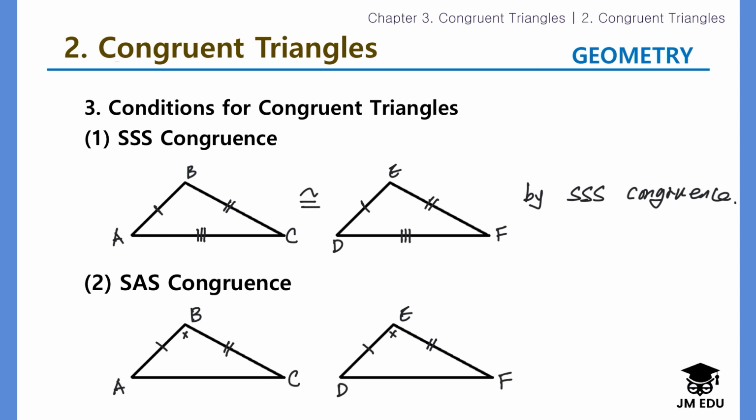But it has to be in this order: side, angle, side. So side, angle right here, side. So they are congruent by SAS congruence.